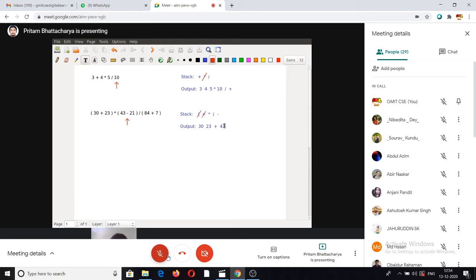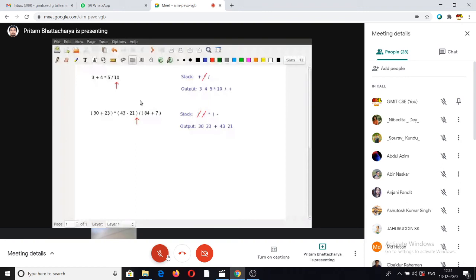So I pushed the minus here. Then there was another operand, 21, which I also send directly to the output, and now I've come to the closing parenthesis.